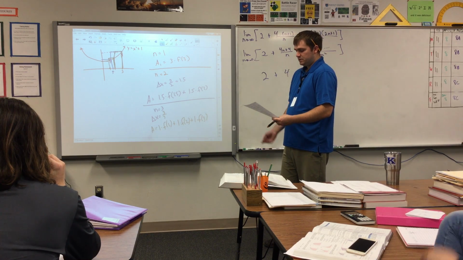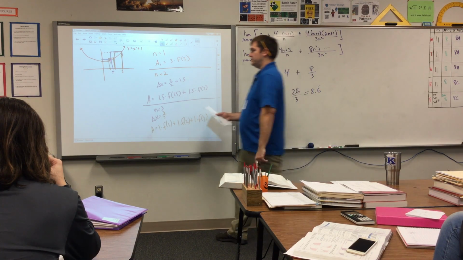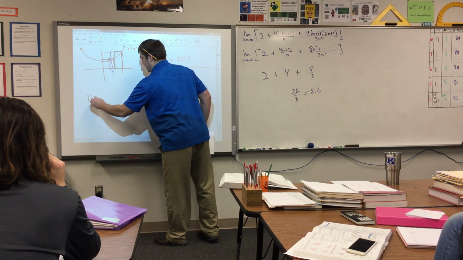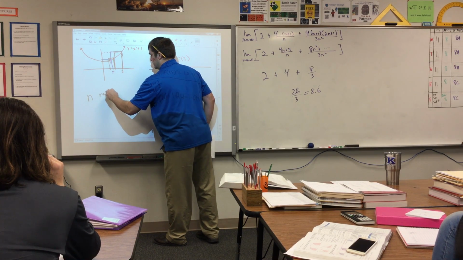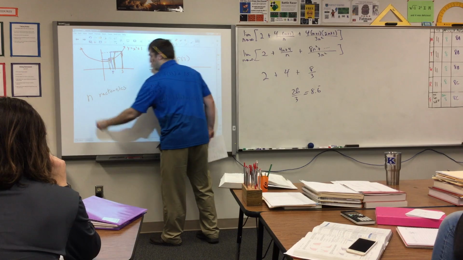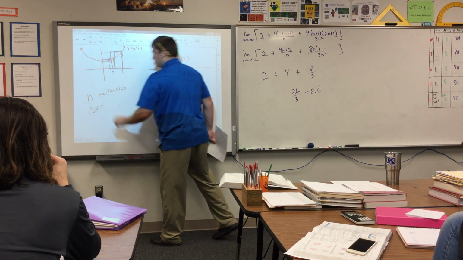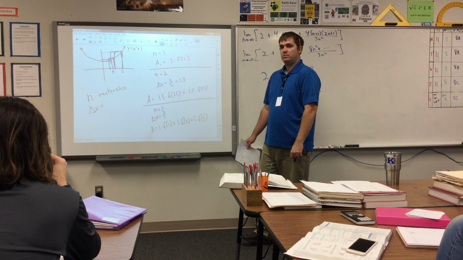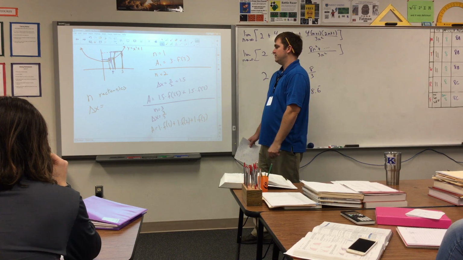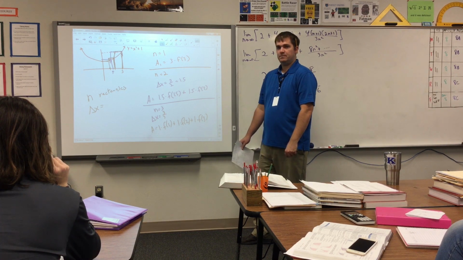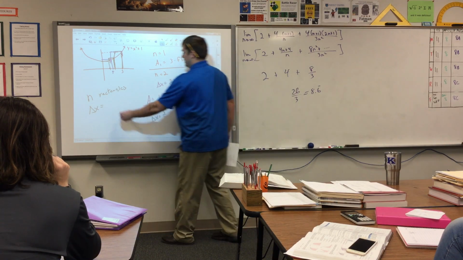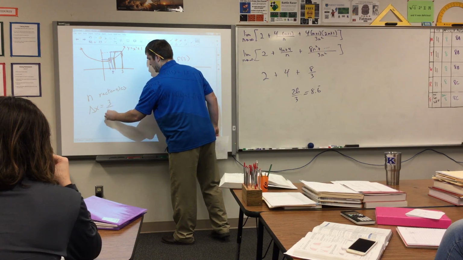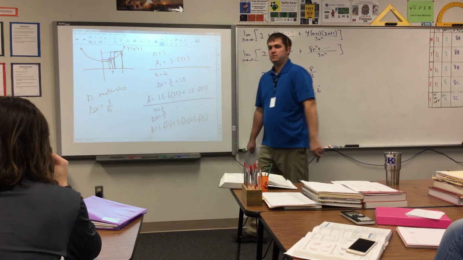Okay, so, question. What if I have n rectangles? What is my delta x going to be? Total width divided by the number of rectangles: 3 over n.